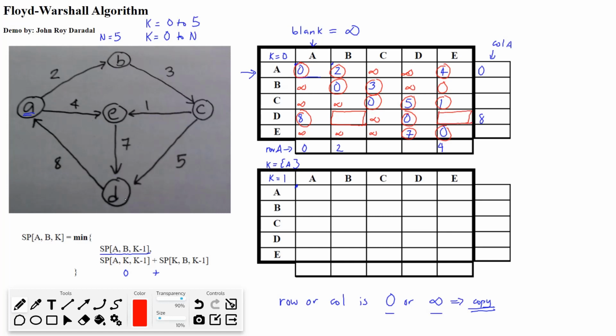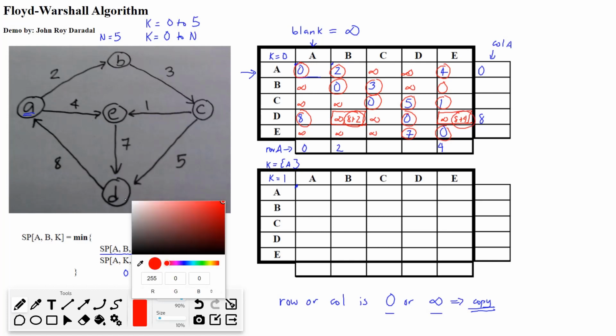So what will be the new value? So we'll just compare the current value, which is infinity, and we'll add the row and column value. So this is 8 plus 2, and then this one is 8 plus 4. So we'll just take the minimum, and of course the minimum is the 8 plus 2 here and the 8 plus 4 here. Okay, so now we have our values for the next table.